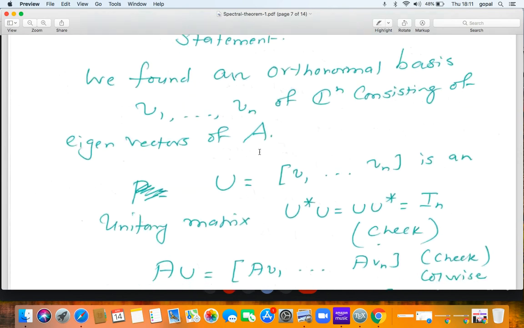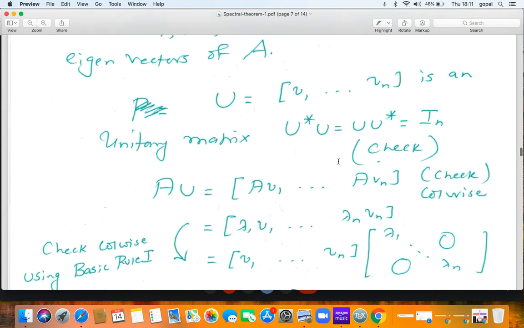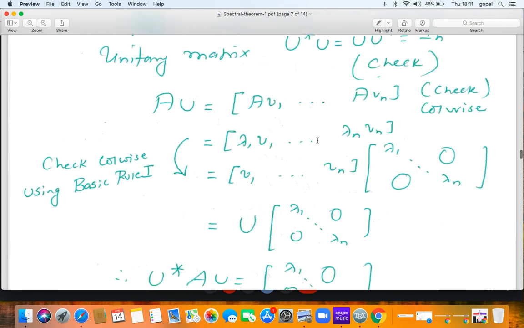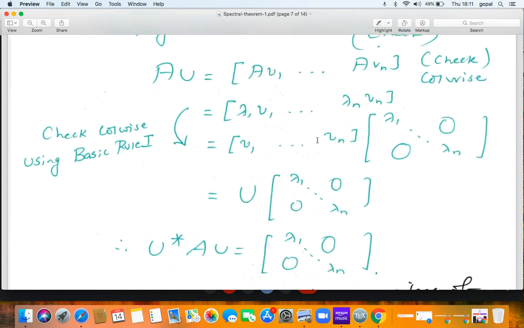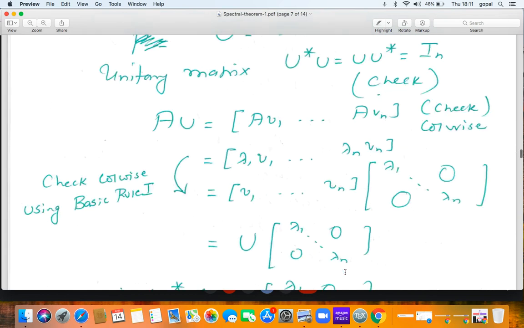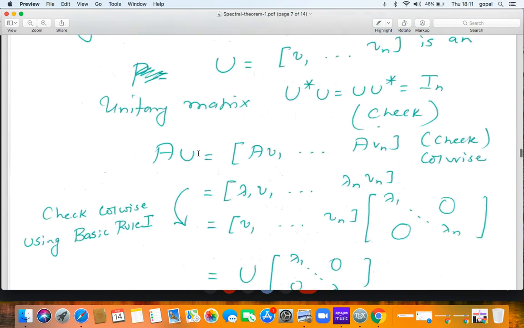In the theorem, we found that if you have a Hermitian matrix, then we got an orthonormal basis of eigenvectors. You string them together, you get a unitary matrix U, and you show exactly as in the previous chapter that U star AU is a diagonal matrix. So AU is AV1, ..., AVn, and AV1 is lambda 1 V1, ..., lambda n Vn.